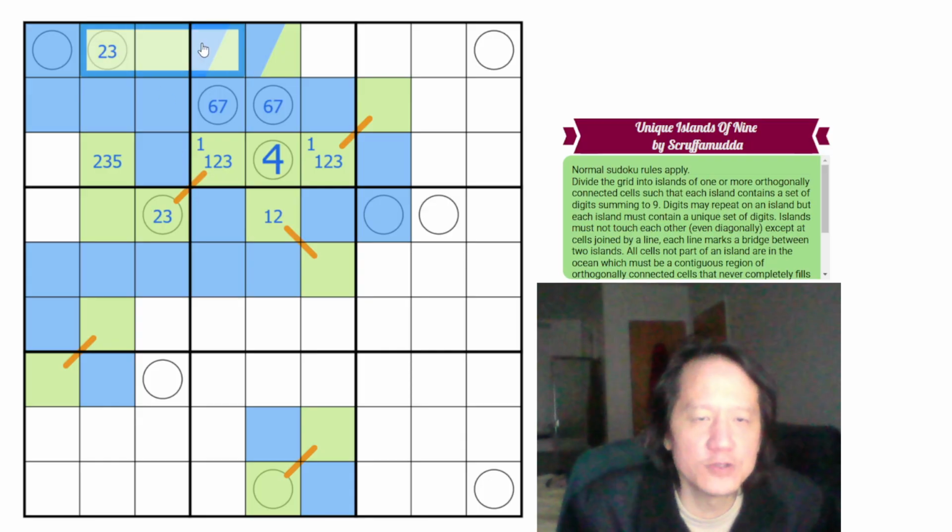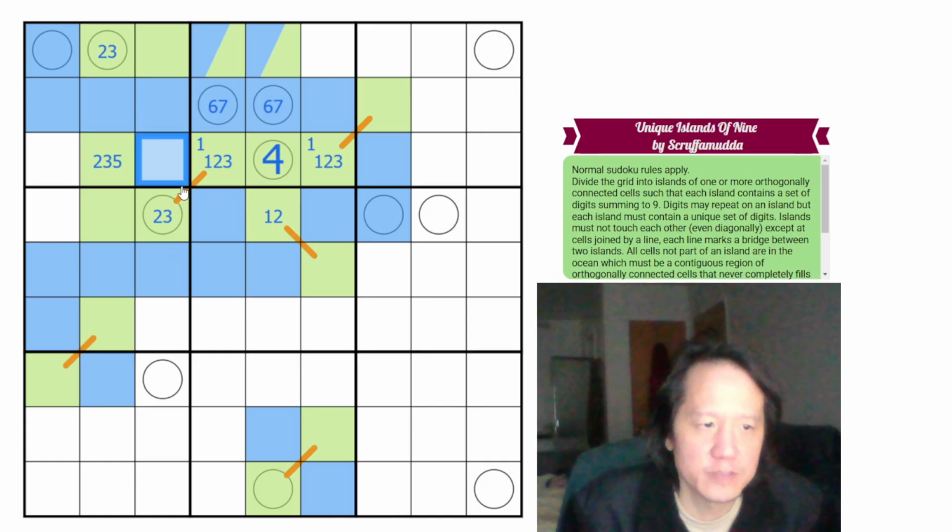So this is either 2 or 3, because one of these two is an island and one of these is ocean. It could be this as an island, or this could be ocean. So both of those are possible.